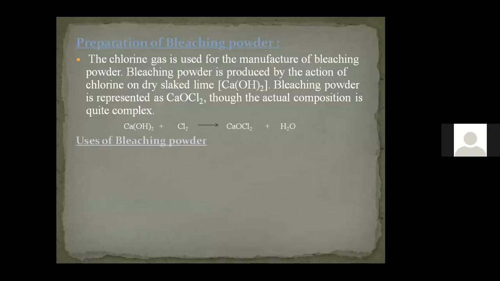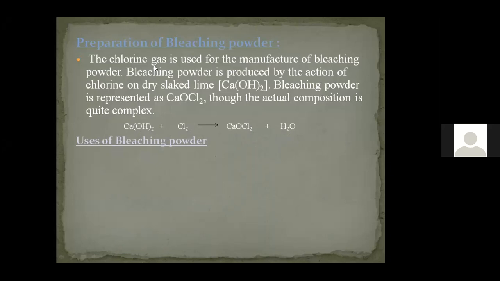So the action of chlorine gas on slaked lime gives calcium oxychloride and a water molecule. So for bleaching powder, sodium chloride is not directly used as a raw material, but chlorine gas is used as a raw material.